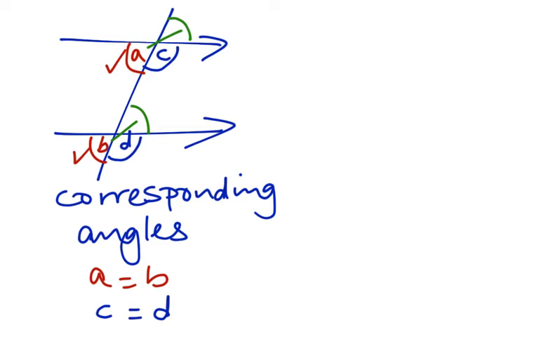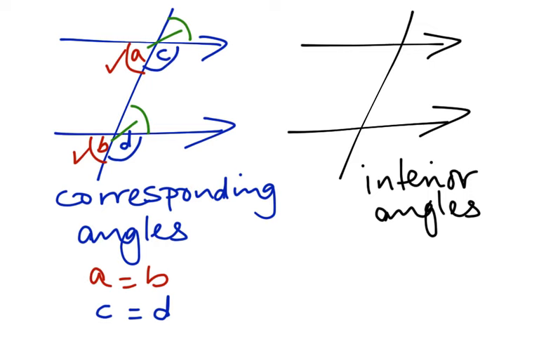Last of all, I'll tell you about interior angles. What we need to know about interior angles is that they're supplementary, which means that if you add them up, they equal 180 degrees. You'll notice that they are on the inside of the parallel lines.